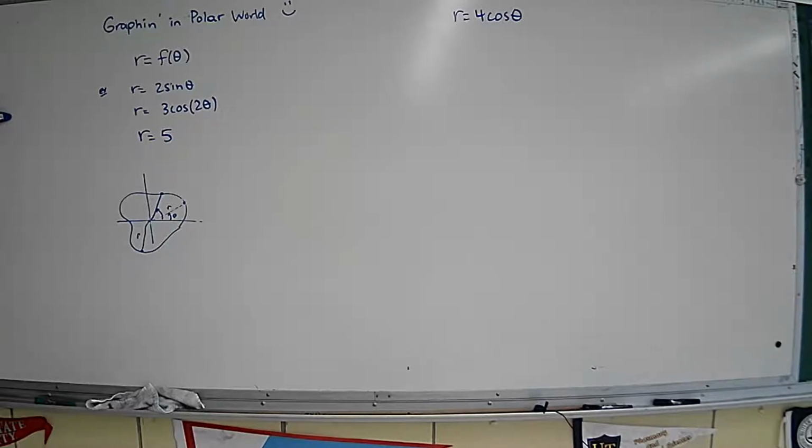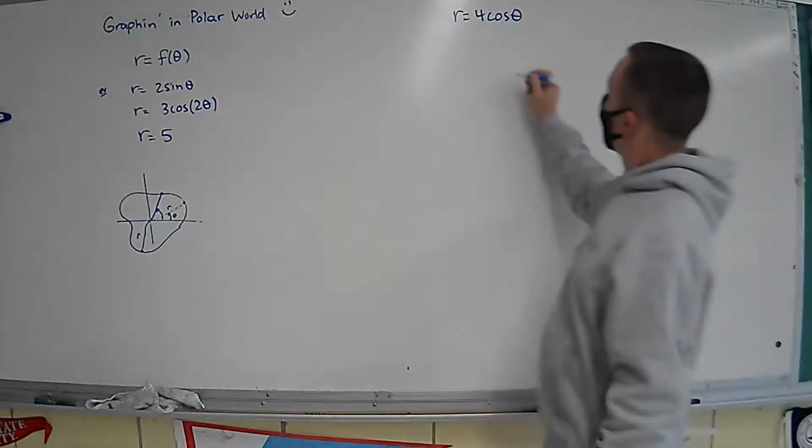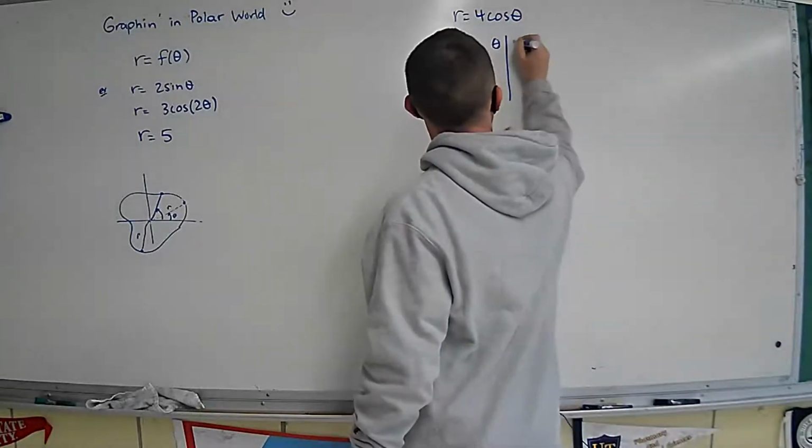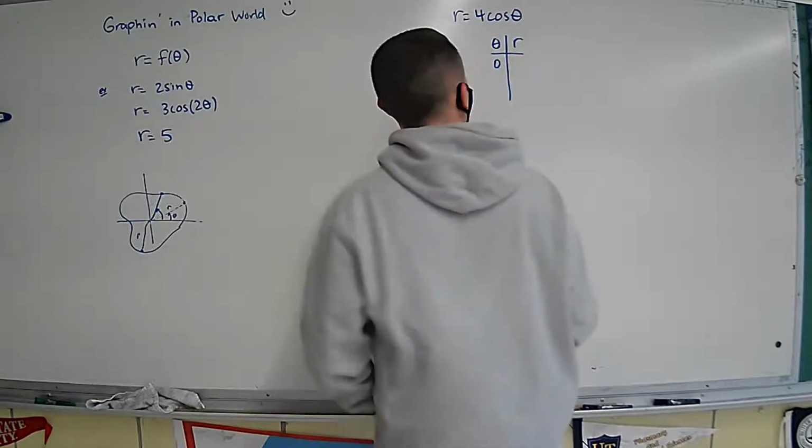Well, first of all, we know that r is not constant there. Do you agree with me with that? Remember, r is the distance from the origin. So if I look at, say, when theta equals 0, what's r?